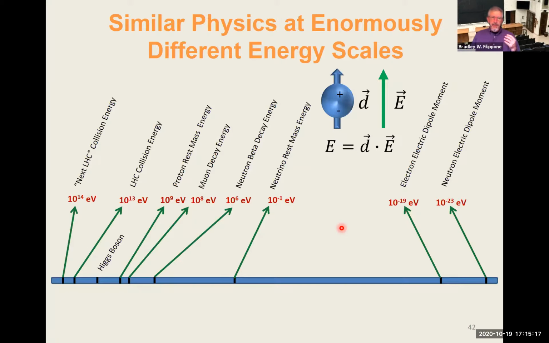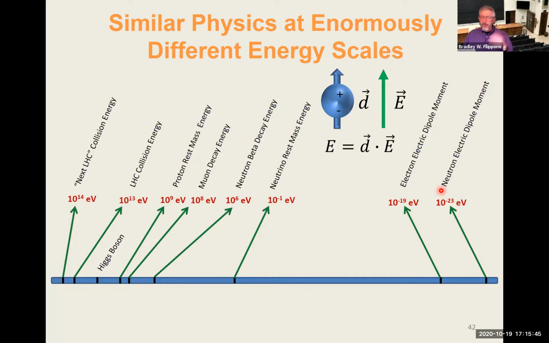On the left, I'm talking about the LHC and the next LHC. This is 10 to the 14 electron volts. The Higgs boson is here. You can see neutron decay is here, neutrino rest mass. Way over here, if you ask what's the energy that we're measuring, the electric dipole moment energy is D dot E. For the sensitivity that we're talking about, it's 10 to the minus 23 eV compared to 10 to the 14.